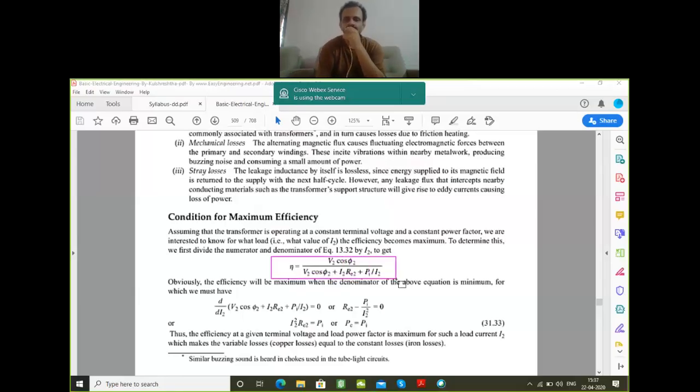Dividing by I2, V2 I2 goes off in the numerator, so we get V2 cos phi 2, and I2 square becomes I2 Re2 plus Pi by I2. So that is the efficiency. Now when will the efficiency be maximum? The voltage V2 across the secondary is constant because V2 depends on V1.